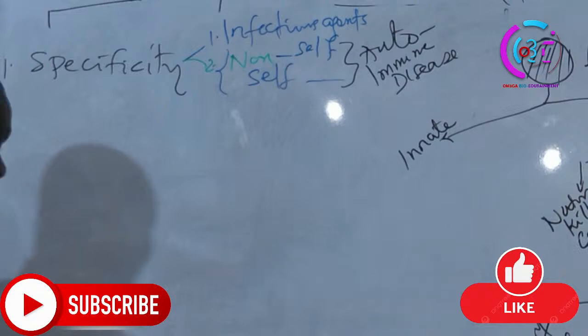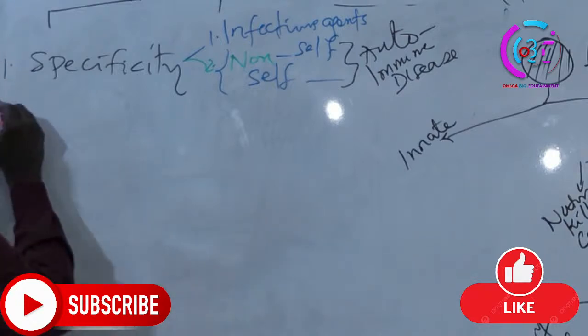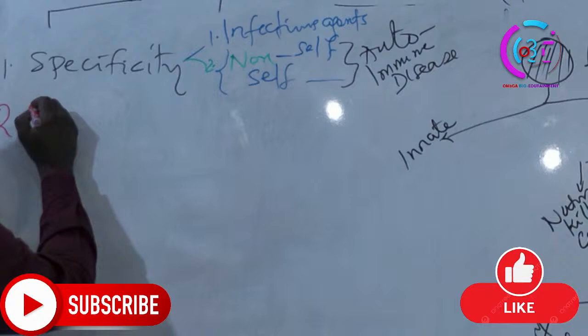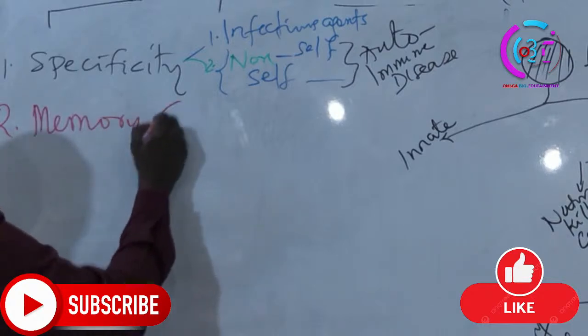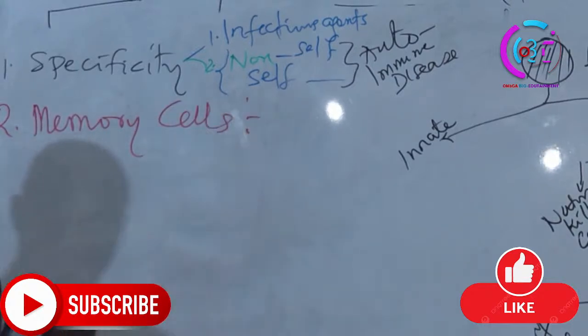Then the second characteristic of the adaptive immune system is what? It is memory, memory cells.